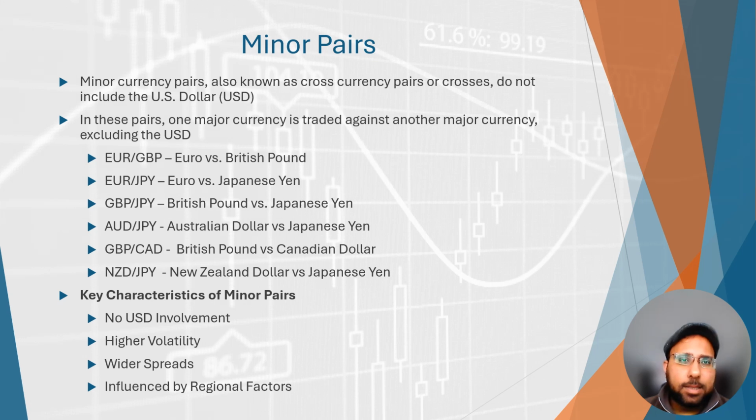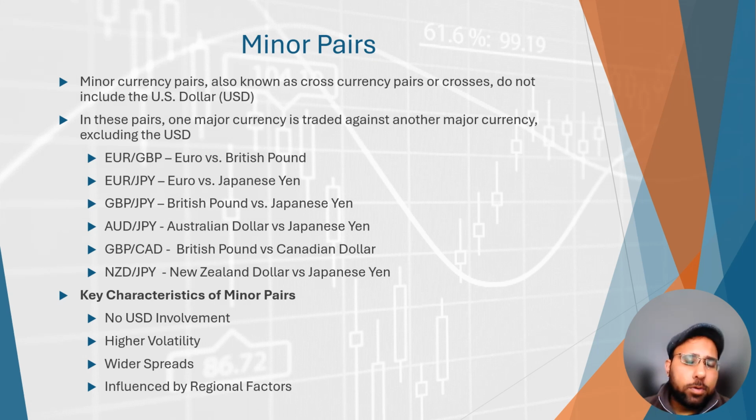But really understand the monetary policies of both these regions, and that can decide what currency is worth investing in, or buying or selling, really. And then finally, you've got New Zealand dollar with Japanese yen. Again, with the Australian dollar, popular for carry trades. So keep a very close eye out on any investment opportunities in that region.